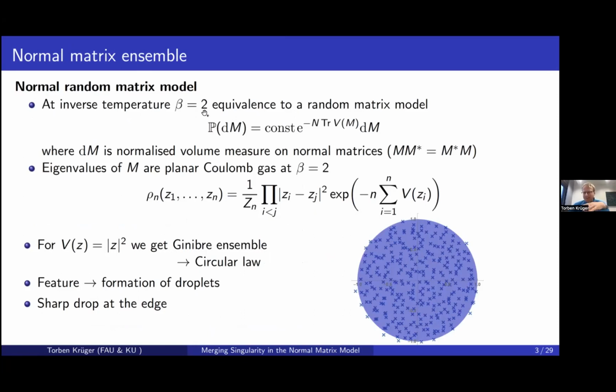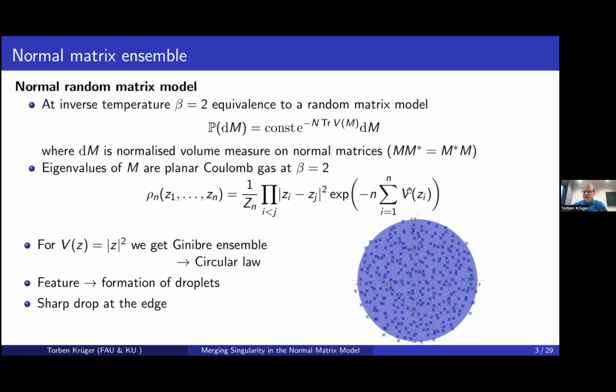You get the same Gibbs measure if you consider random matrices restricted to normal matrices, and then you have some density with respect to the measure on that manifold, which is just e to the minus n trace of the potential. You can exponentiate here, and then you end up also with this log term, at the special inverse temperature beta equal to 2.